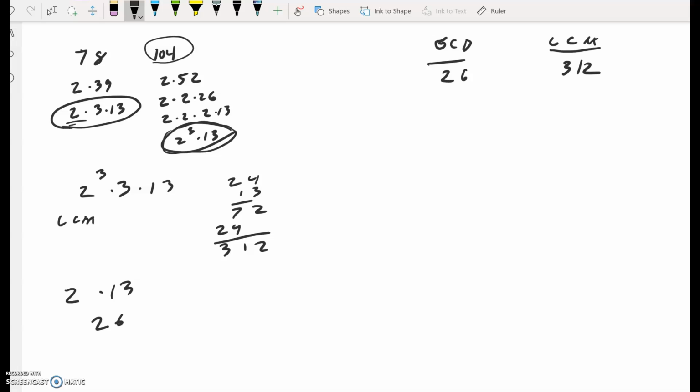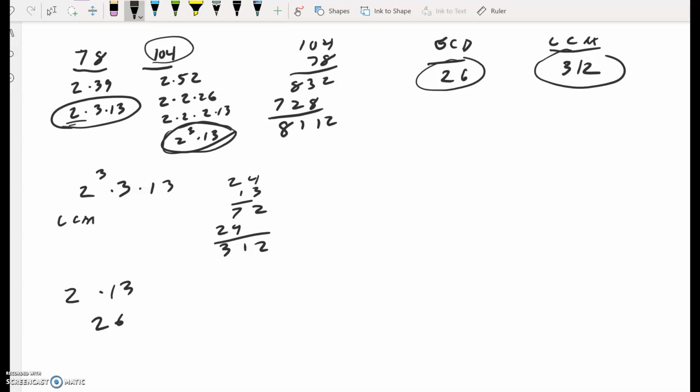Now, there are some other facts here that you need to know. One fact is that if you multiply two numbers like these together, you will always get the same thing as if you multiply their greatest common divisor and least common multiple together.